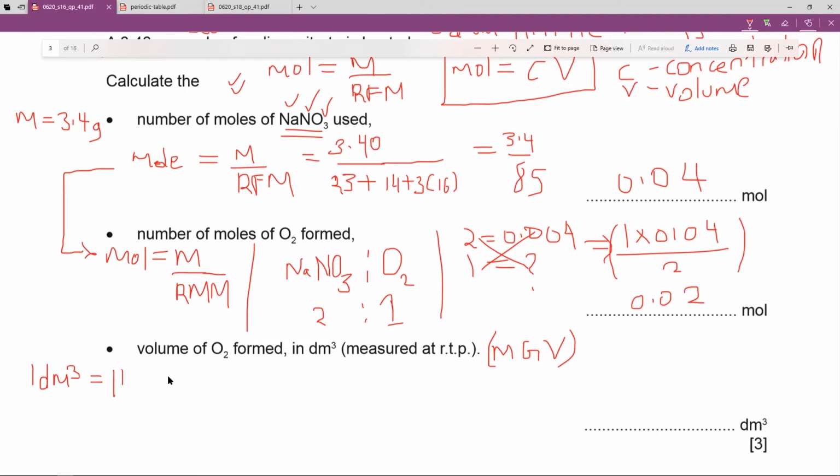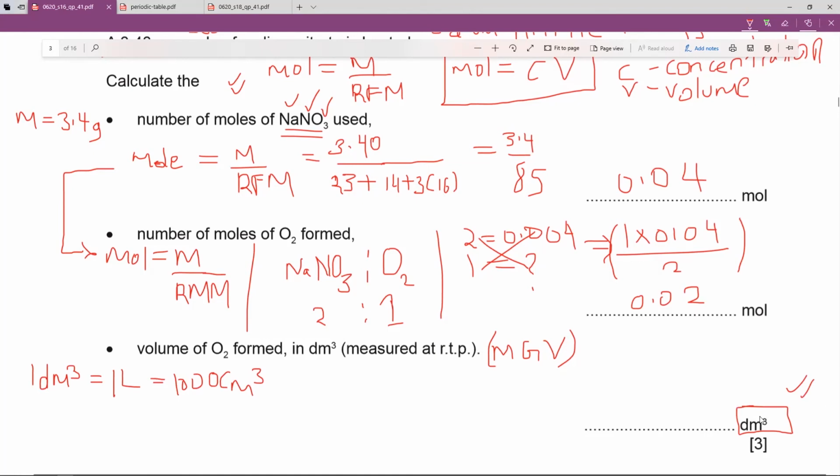And that's also the same as 1,000 cubic centimeters. Now, when we are dealing with units in the laboratory, especially the school laboratory, 1 cubic decimeter equals 1 liter, which equals 1,000 cubic centimeters. This will be helpful in conversion, but in this question, we are very lucky because the answer is given in terms of dm to the power 3. So we don't need to convert anything in this case.